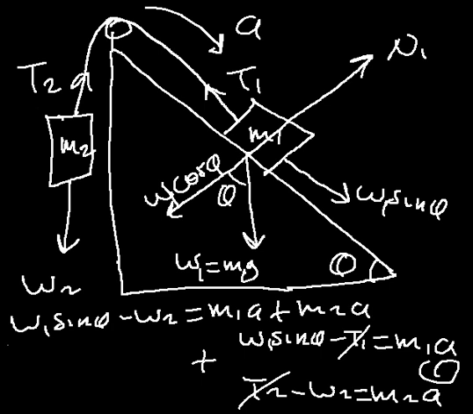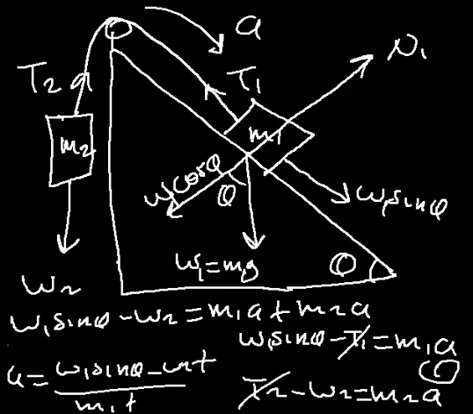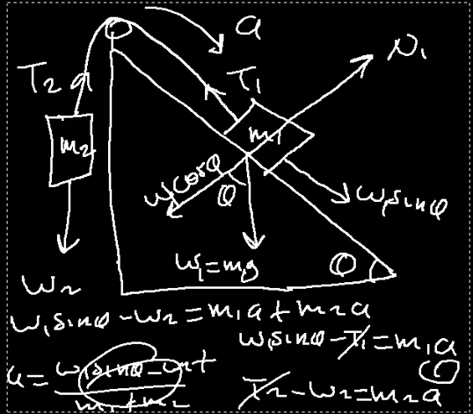So the acceleration will be weight 1 sin theta minus weight 2, divided by the summation of the two masses. This is how the acceleration is obtained if we have this kind of system.